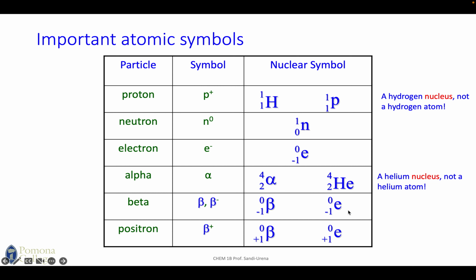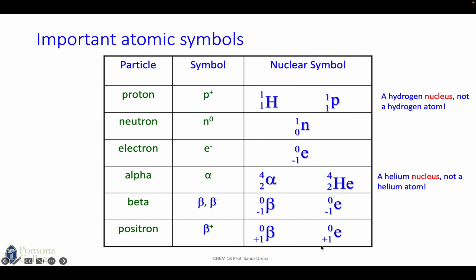The beta particle again will be the same as the electron. We call it a beta particle when it is being released, and we call that a beta decay. And we talk about the electron capture when the nucleus adds one electron. So it is the same particle, but we just use different names in different situations.